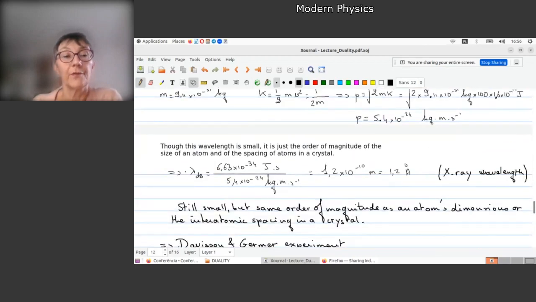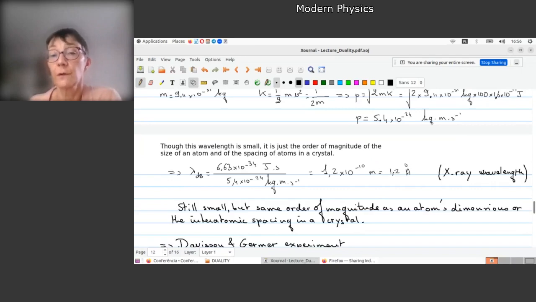And so you calculate the wavelength of this electron, and you find something of the order of 10 to the minus 10 meters. This is angstrom. This is comparable to, it is not light, this is not electromagnetic radiation.